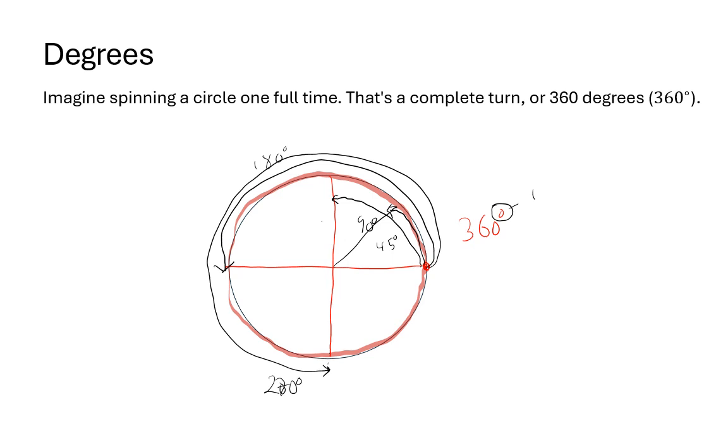Next is measuring angle using radians. So suppose you have a circle like this, and here we have point A and point B. Then this line from A to B, we call it arc AB.